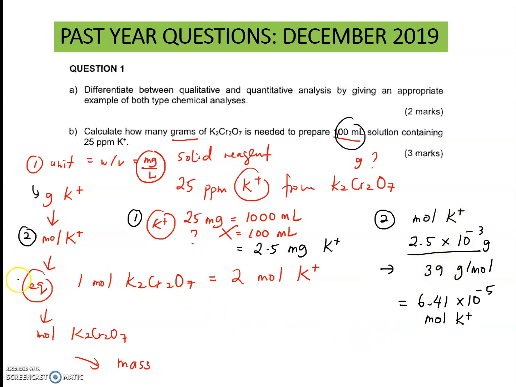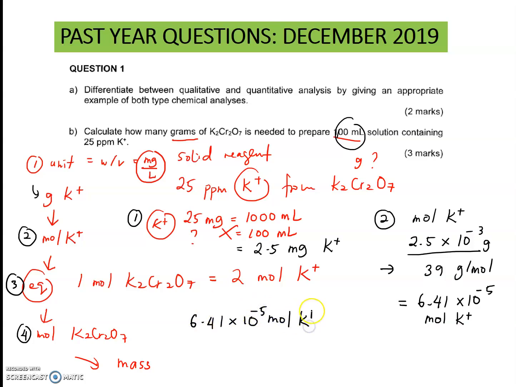Third, from the equation here, find the number of mole potassium dichromate. So do the comparison from the stoichiometry equation.